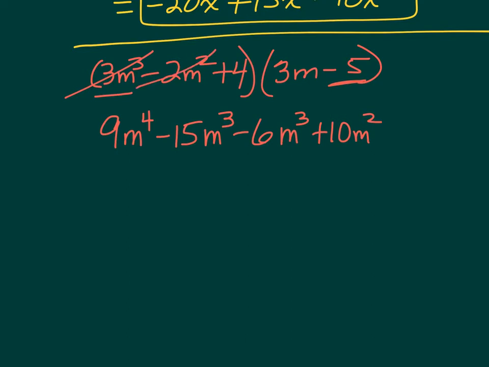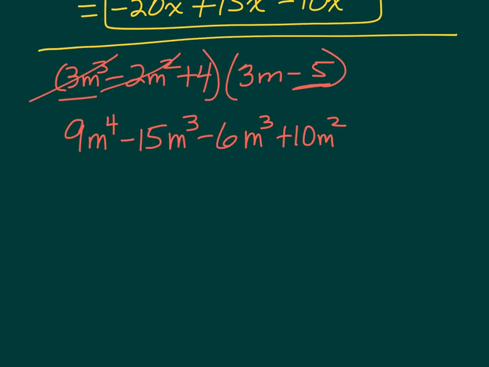And I'm done with the negative 2m squared. Now we'll distribute the 4. 4 times 3m is 12m. 4 times negative 5 is negative 20. I'm done with the 4, and I'm done distributing.